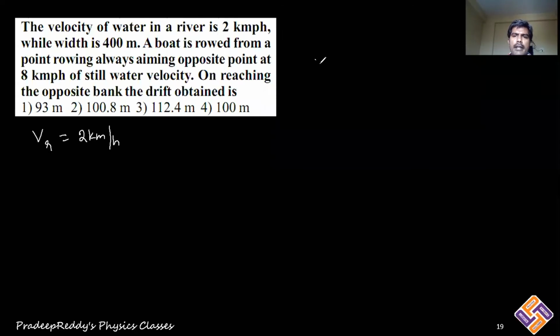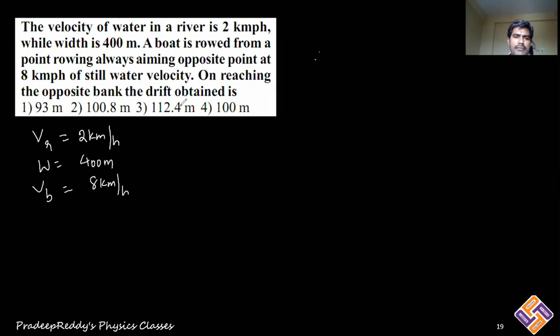Next, width of the river is being given, 400 meter, and a boat is rowed from a point, rowing always aiming at the opposite point at 8 km per hour. Velocity of the boat is equal to 8 km per hour of still water velocity. On reaching the opposite bank, the drift obtained is dash. You are now supposed to find out the drift.